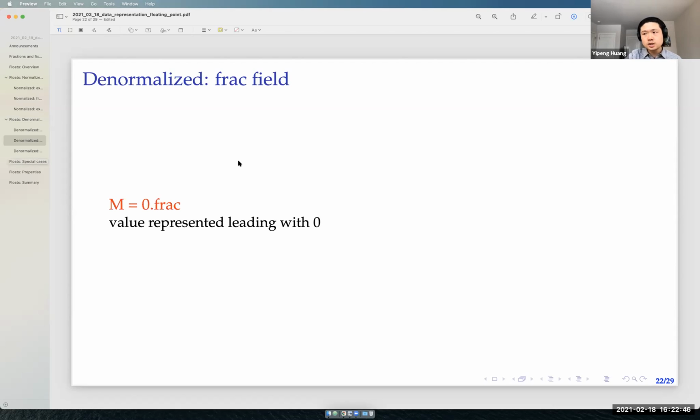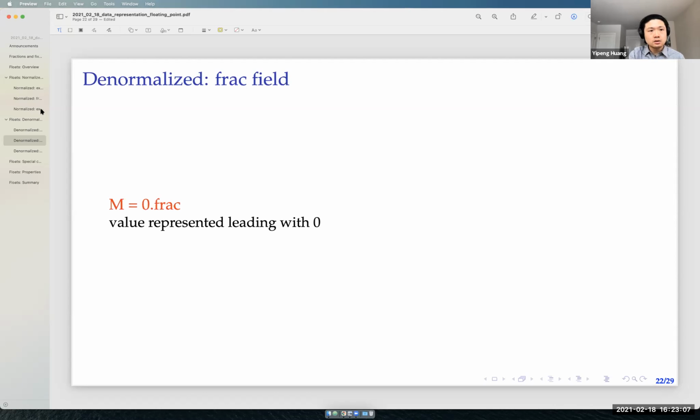Oh, there's a question here. Swapnil wants to work through an example. That's a good idea, so let's work through a few more examples.